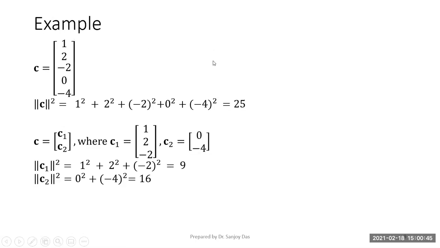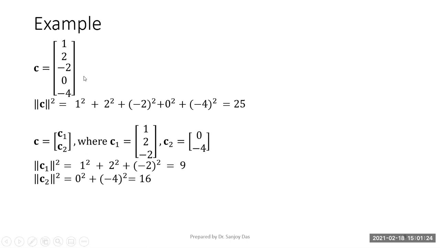An example will make it clear. This is C. The L2 norm squared of C is 1 squared plus 2 squared plus negative 2 squared plus 0 squared plus negative 4 squared. That gives us 25. Now, let me divide C into two blocks, C1 and C2, where C1 is the upper part, 1, 2, negative 2, and C2 is the second part, 0, negative 4.